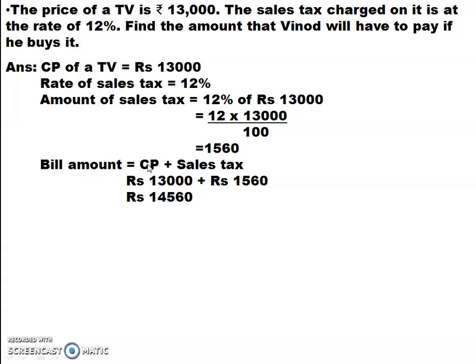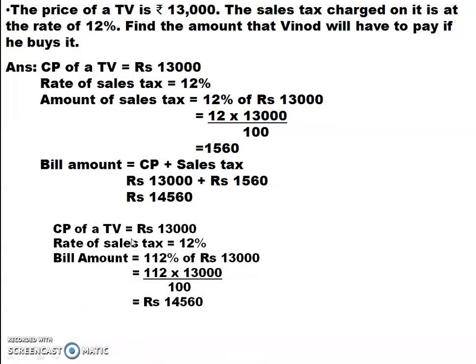So the bill amount is 13,000 plus 1,560, that's equal to 14,560. Students, I told you, you can do this in the same steps which you followed for percentage increase or profit. Let us see that also.